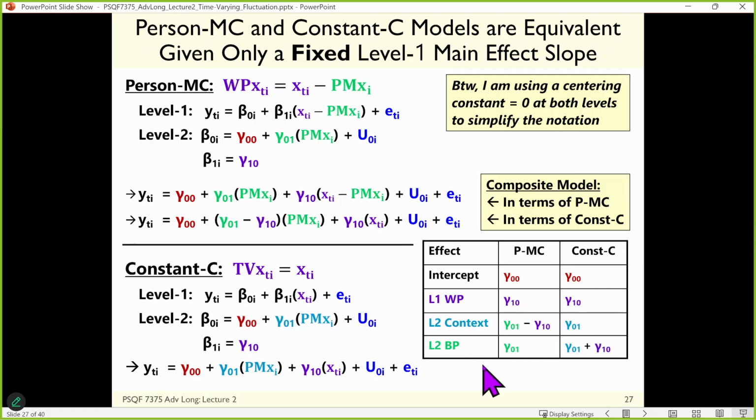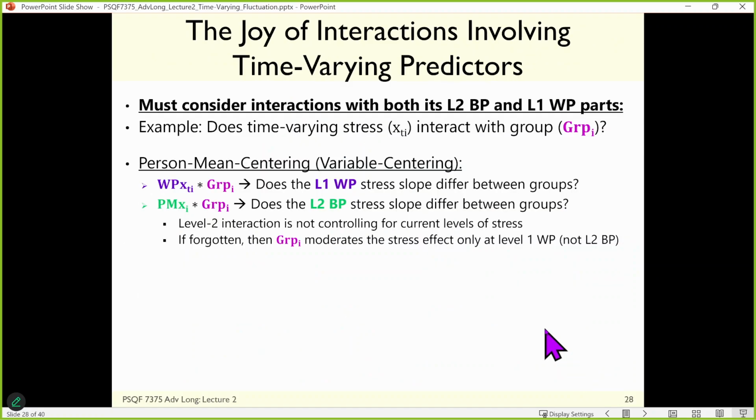And then what you get at level 2 swaps out. You get context directly if you've only centered your level 1 predictor at a constant. You get between directly if you're using person mean centering, but you can get back and forth. So this was, I want to say they knew this in the 80s, probably. Extensions of it, I think, are less common.